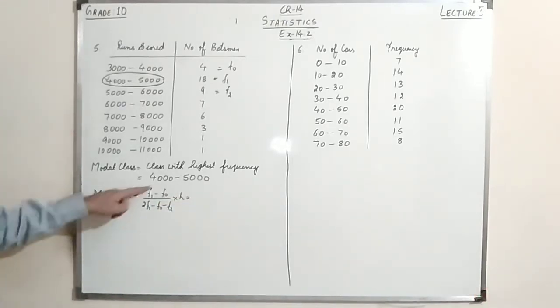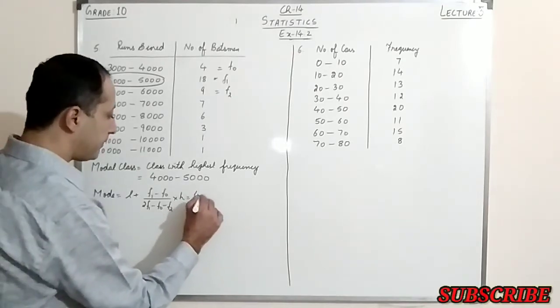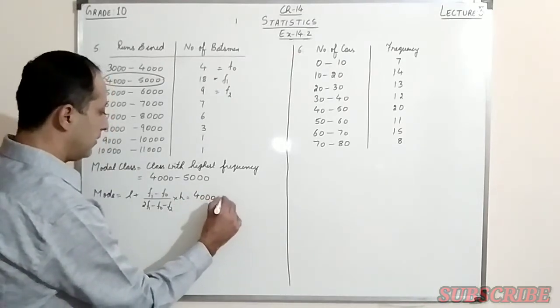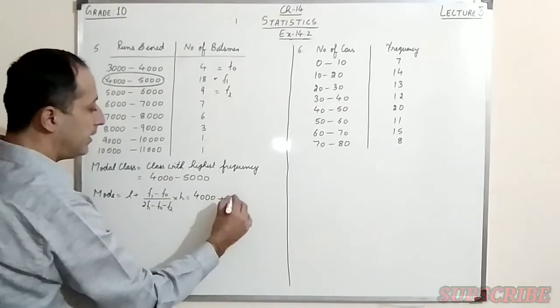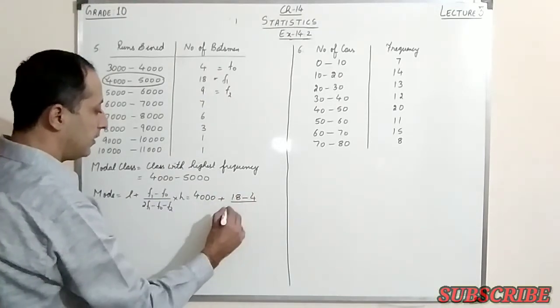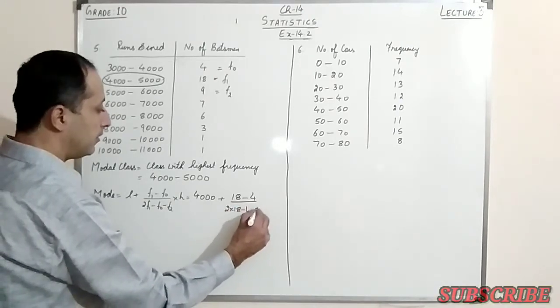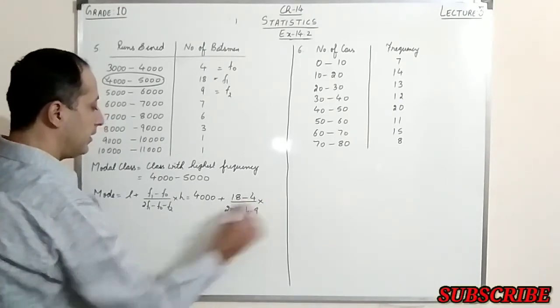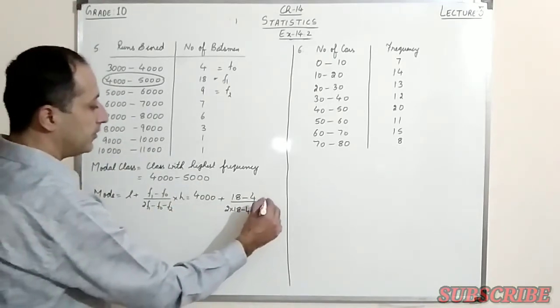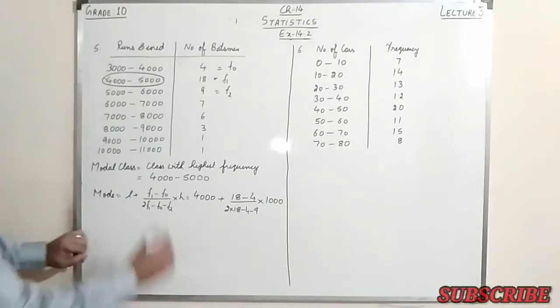Substitute the values. L is the lower limit of the modal class, that is 4,000, plus F1 is 18 minus 4 upon 2 multiplied by 18 minus 4 minus 9, and then the class size is 1,000. Right, so simplify it.